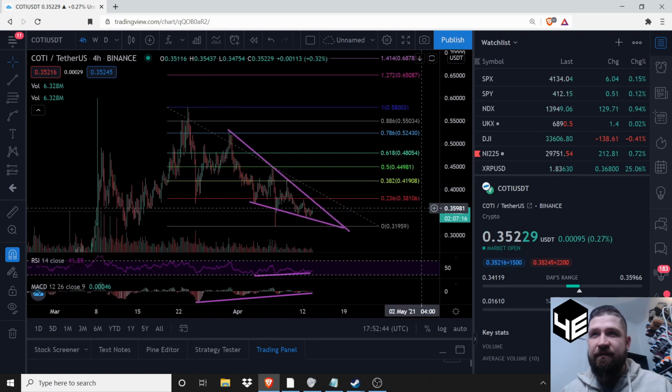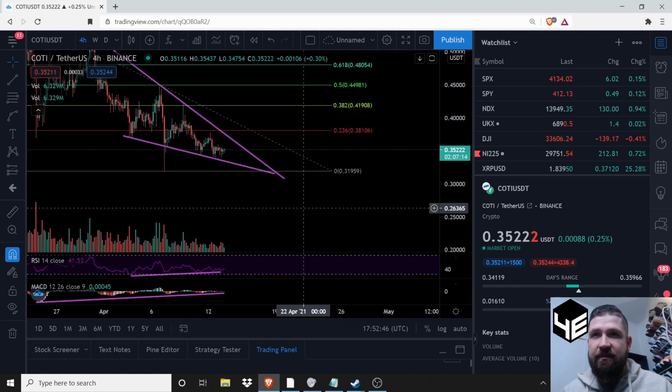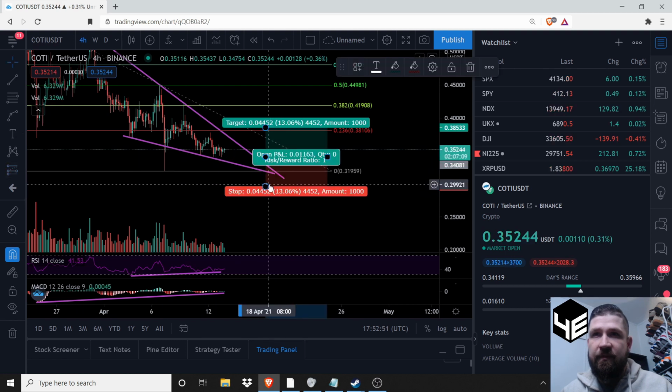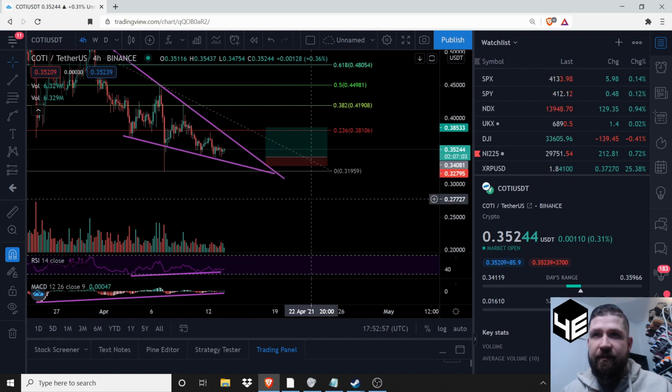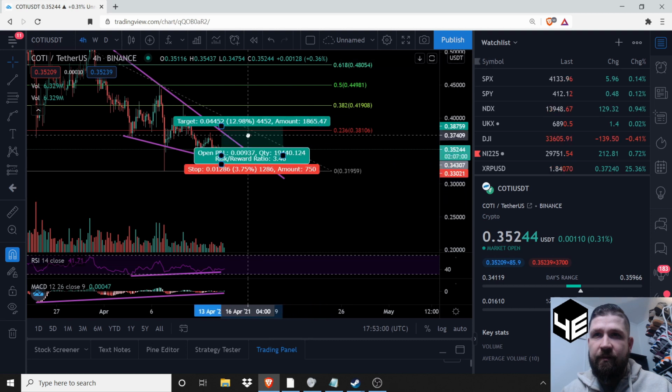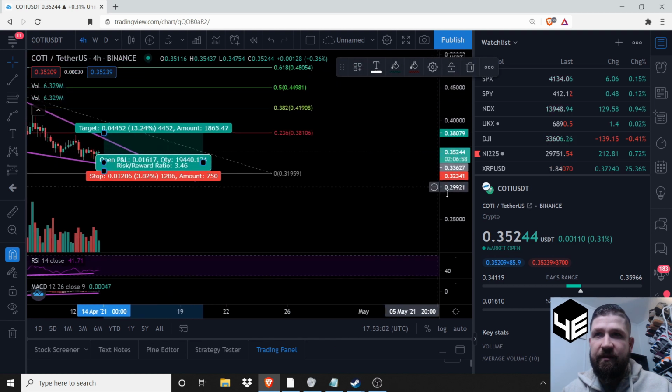The way you could play a falling wedge pattern is something like this. You could enter down there at the bottom. Then you wouldn't really want to fall below it. Let me zoom in here to get a good look.